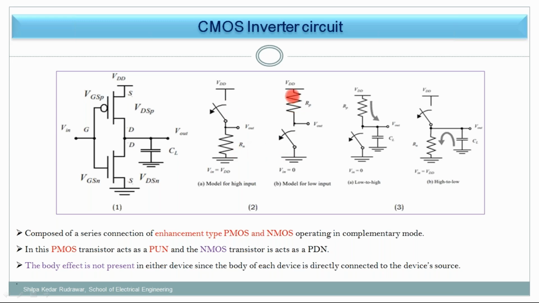Now when this device is on, the capacitor charges towards VDD, and as we have connected PMOS over here, PMOS passes a strong 1, so the capacitor will charge up to VDD. And when the NMOS is on, the capacitor will discharge through this device, and it will fully discharge to 0. Why? Because NMOS passes a strong 0.